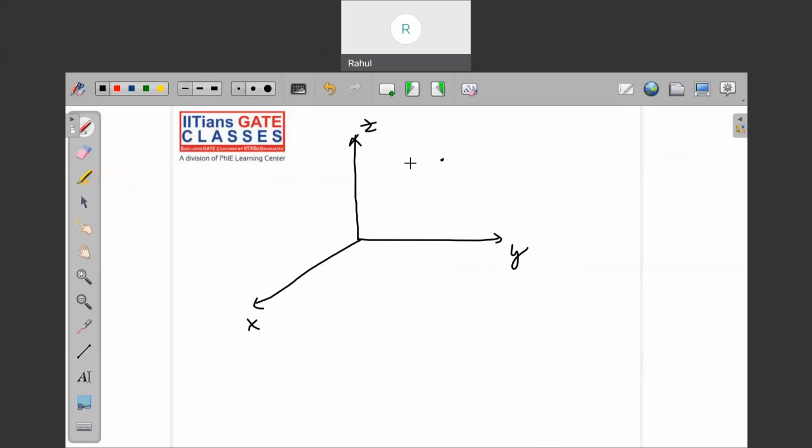But before that we need to define the planes. This is the xy plane in 3 dimensions. This is the yz plane. This 3-dimensional system is basically having 3 planes. So this is going to be the picture.